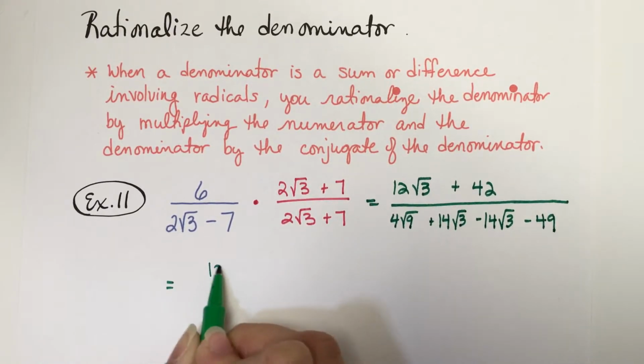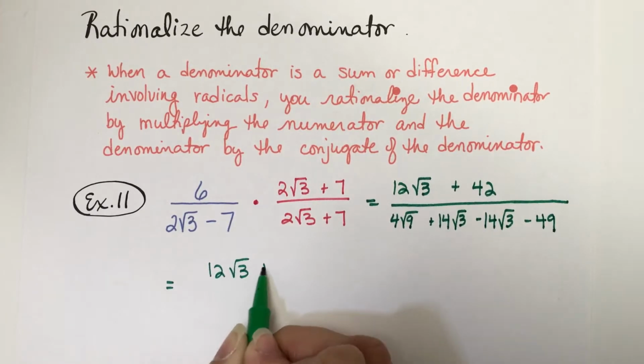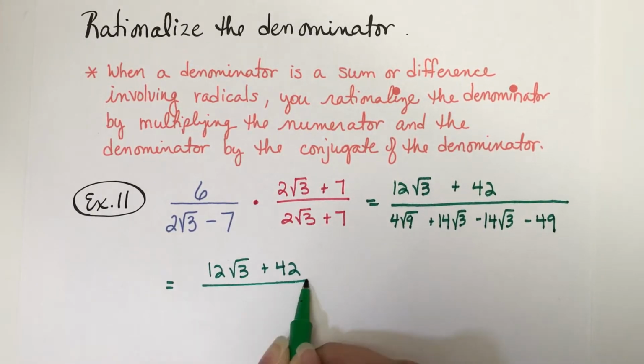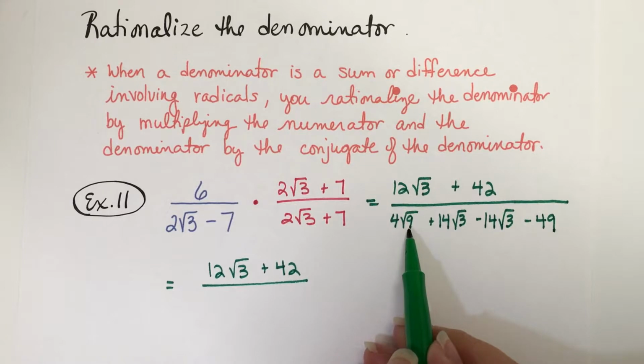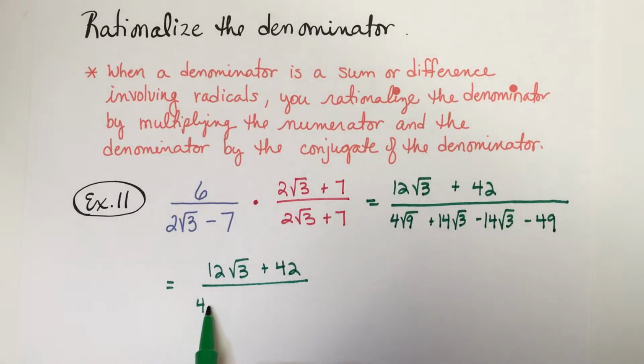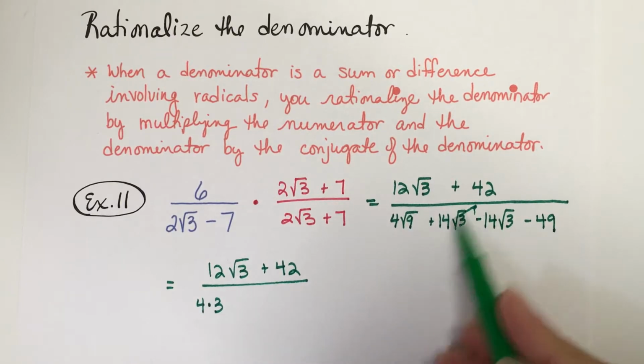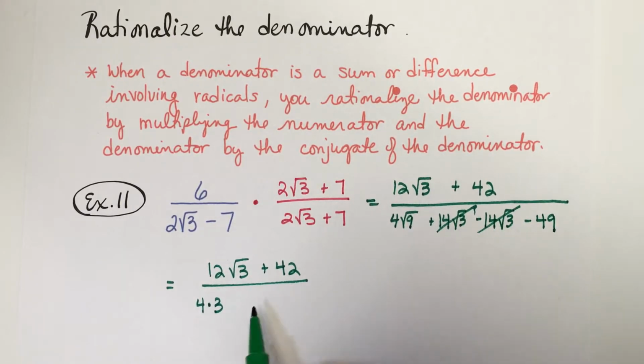Okay, now simplifying this. With 4 square root 9, of course square root 9 is the same thing as 3, so that would be 4 times 3. These two in the middle are going to add out.